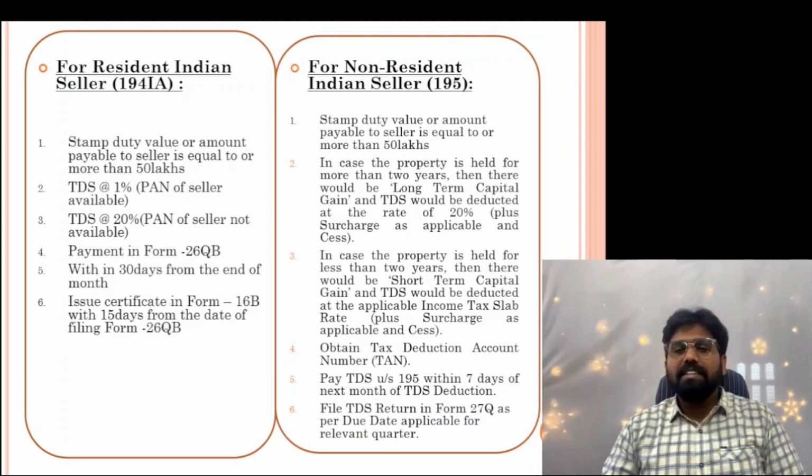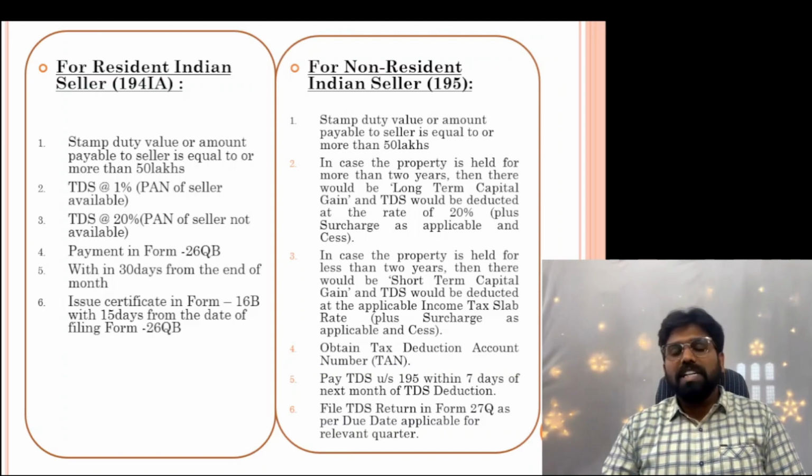After deducting this 1% or 20%, the buyer has to file Form 26QB, wherein the buyer will be giving the PAN of the seller and the property details, the sale consideration and stamp duty value.